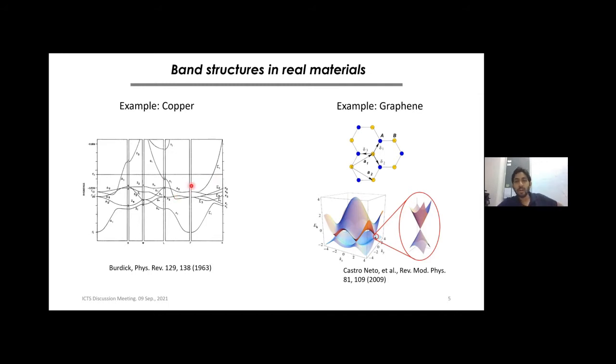Now it turns out that in certain materials, because of the crystal symmetry, graphene being the simplest example of that, which is a hexagonal arrangement of atoms, at some value at the Fermi level, two bands touch, okay, they intersect. And not only do they touch, they also have a linear dispersion, which is very reminiscent of what we encounter as Dirac fermions in relativistic quantum mechanics.